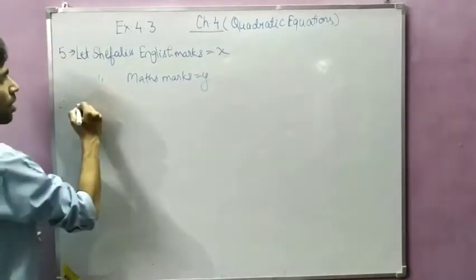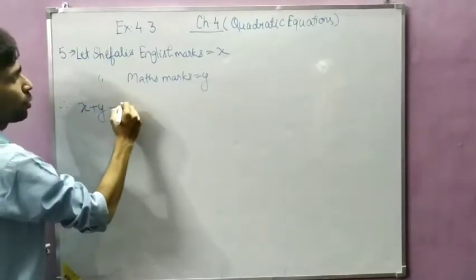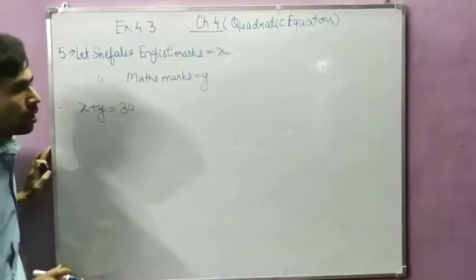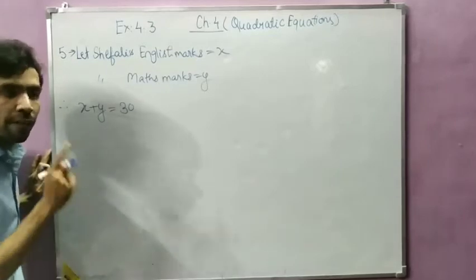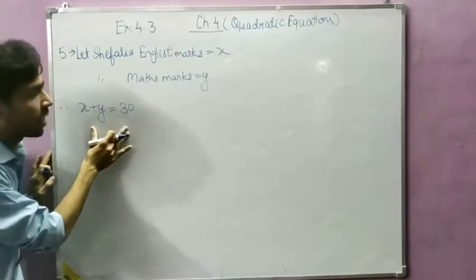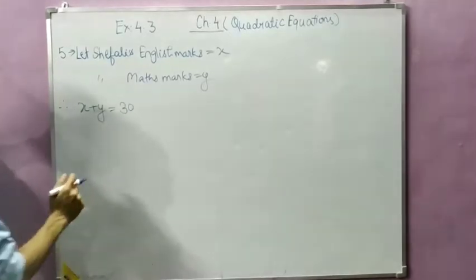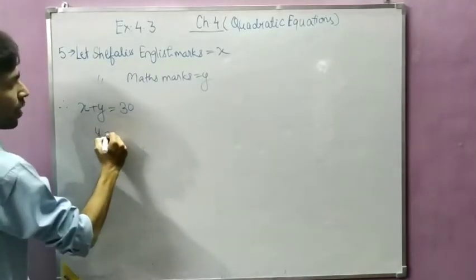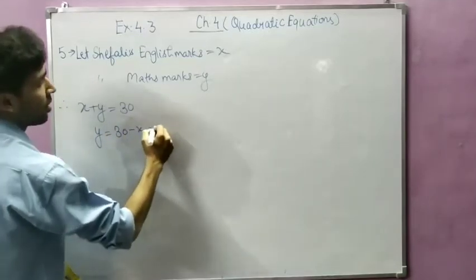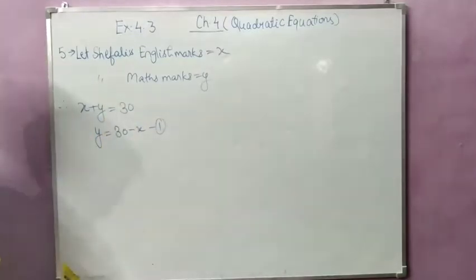It means X plus Y equal to 30. Can we calculate the value of one variable in terms of the other variable from this equation? Yes, we can. So I am calculating the value of Y from this equation. So I will get 30 minus X. This is our equation number 1.